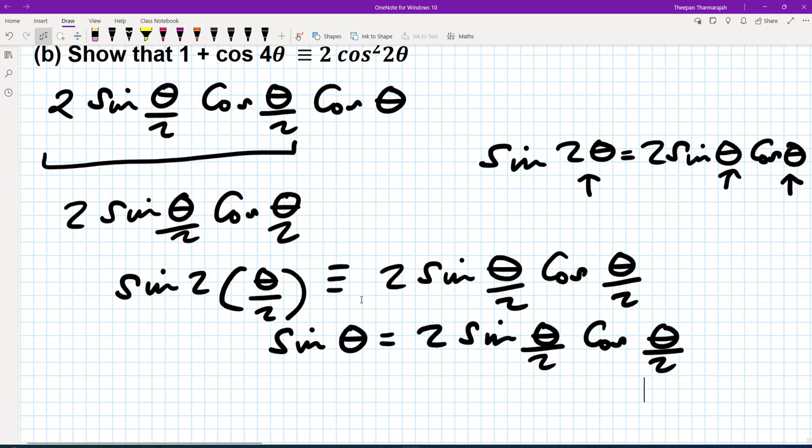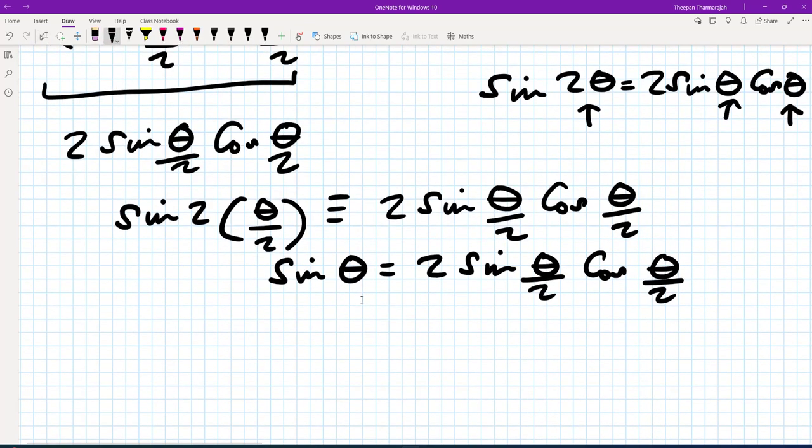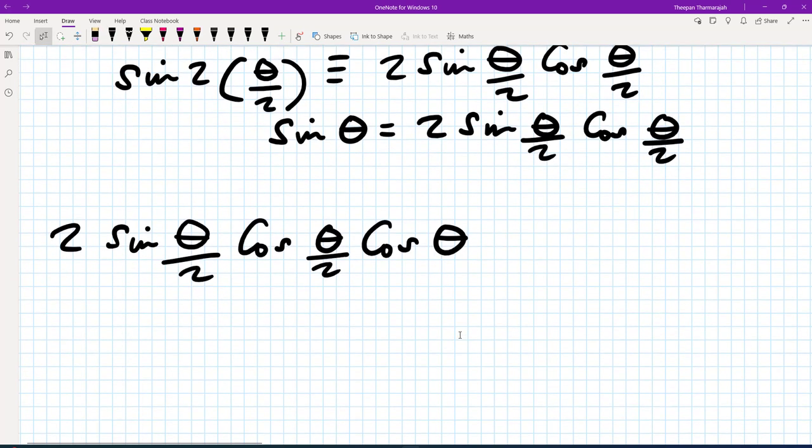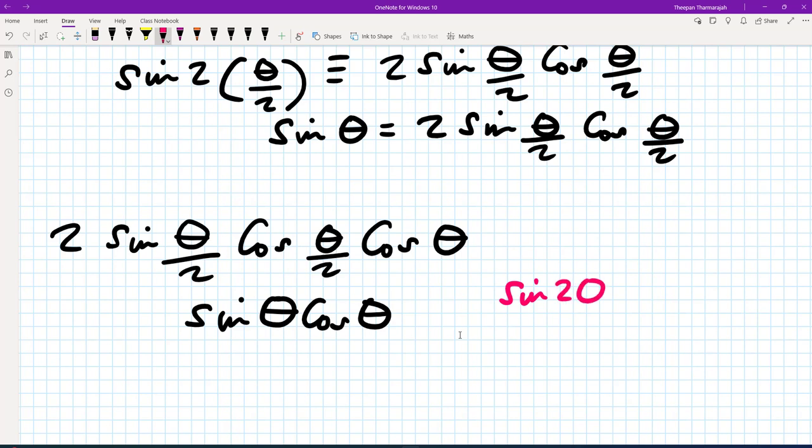So if I go back to my question now, I could write that as 2 sine theta over 2 cos theta over 2 times cos theta. But we've just shown that that first part is the same as sine theta. So I get sine theta times cos theta. But we just said that if you have sine 2 theta, that's exactly the same as 2 sine theta cos theta.